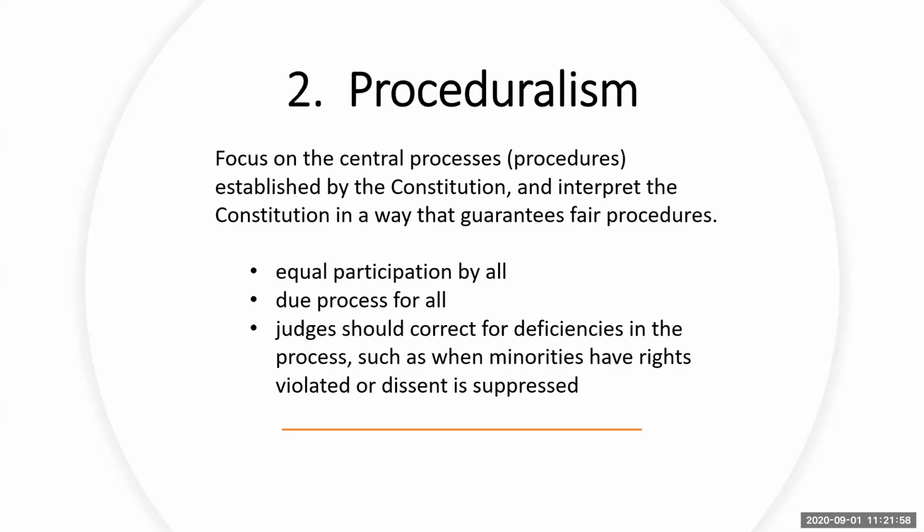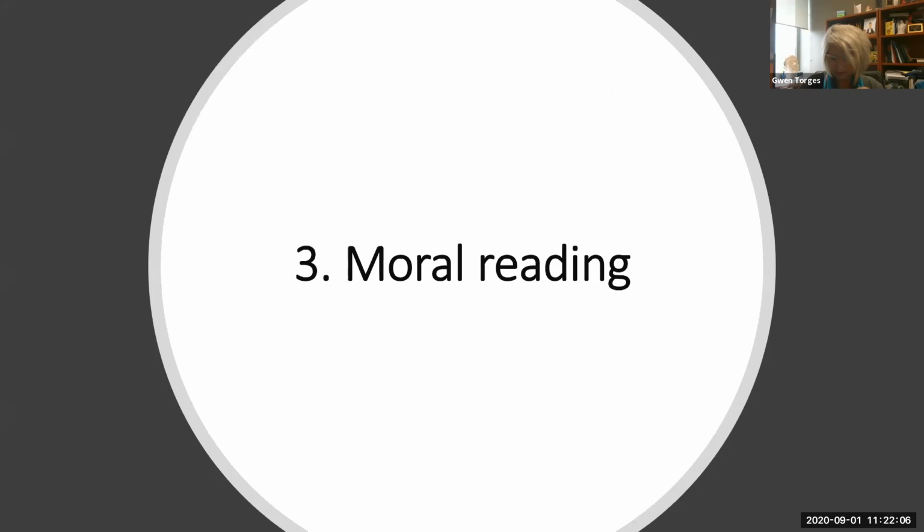A third kind of interpretation, and this one seems kind of similar, so let me see if I can help explain the difference. The third type of interpretive theory that your textbook describes is something called a moral reading of the Constitution.